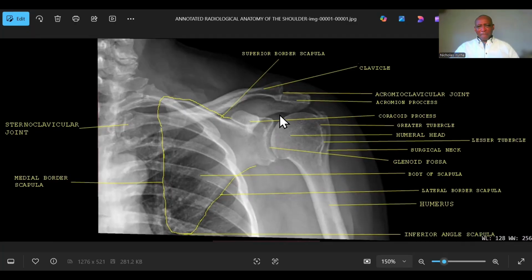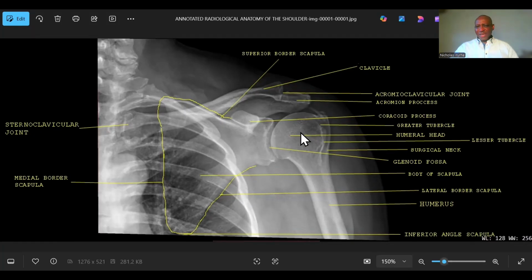The humerus has a head, which sinks into the glenoid cavity, and with that, the two of them now form the glenohumeral joint.